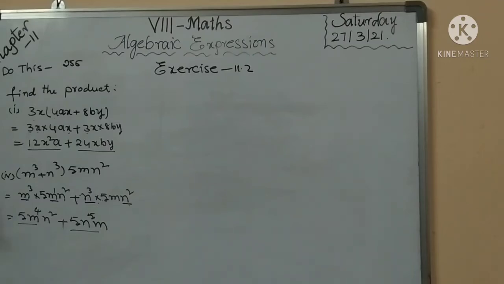I just gave the examples. We can take 2 monomials and 2 binomials, one monomial and one binomial, and find the products. Understand, children? The second problem is the homework.